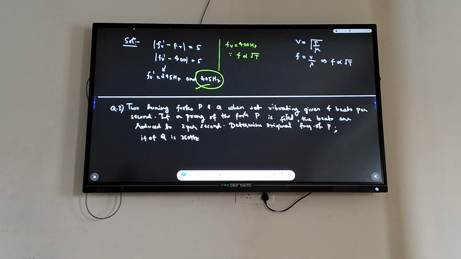Remember this. But how is it even? It's a beat file. Let me check, wait. Yes, because of filing, the frequency increases.